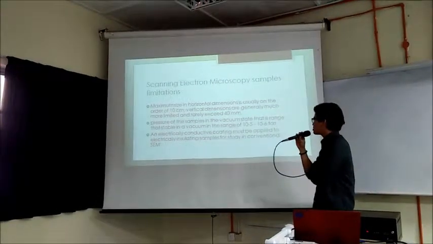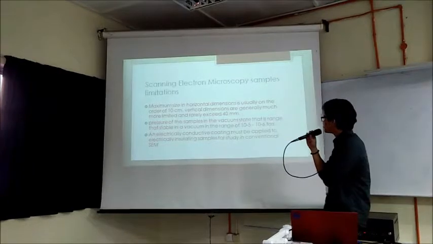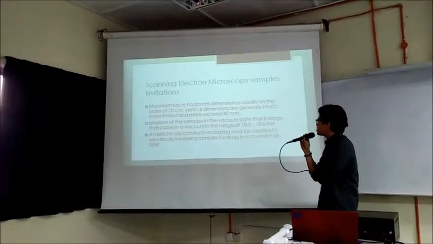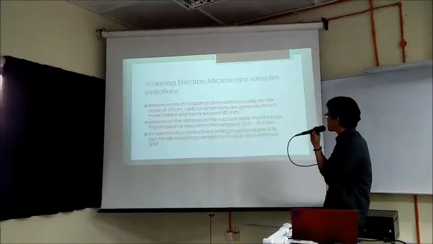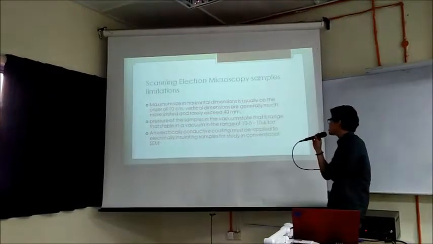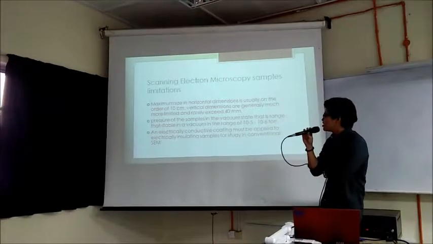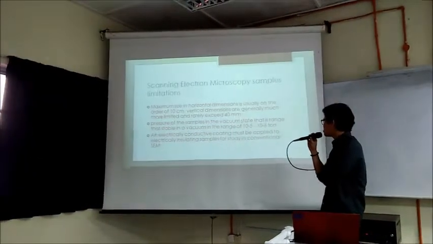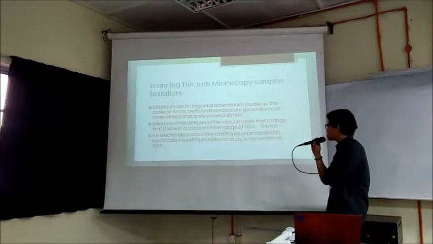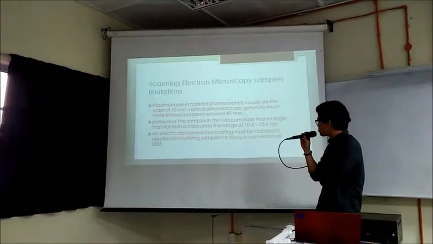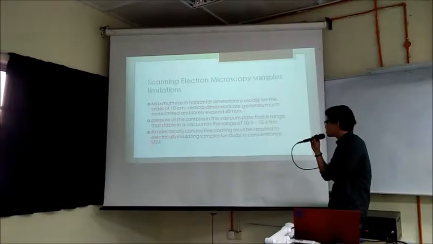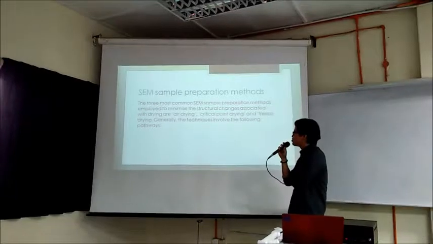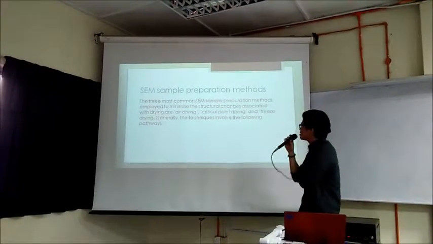Next is the pressure of the sample in the vacuum state, that is, it must be stable in a vacuum in the range of 10 to the minus 5 or 10 to the minus 6 torr. Next, an electrically conductive coating must be applied to electrically insulating samples for the study of conventional scanning electron microscope.